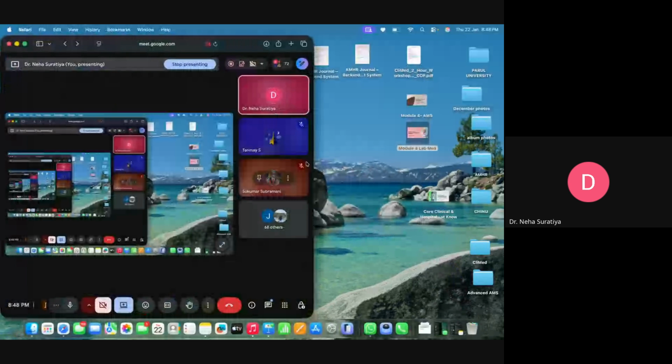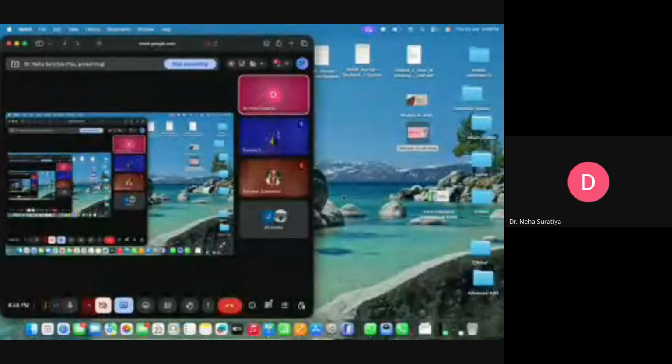Is the screen is visible? Is it visible to you? Yes, I think some technical glitches are there today.